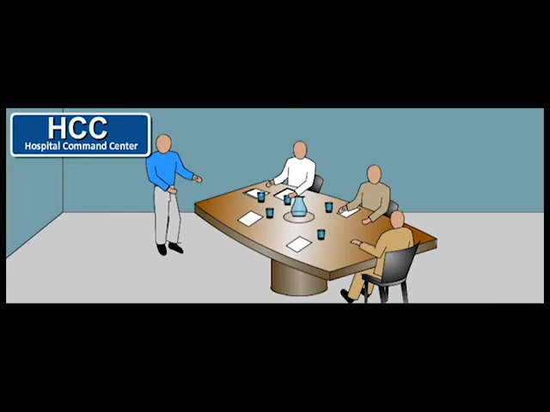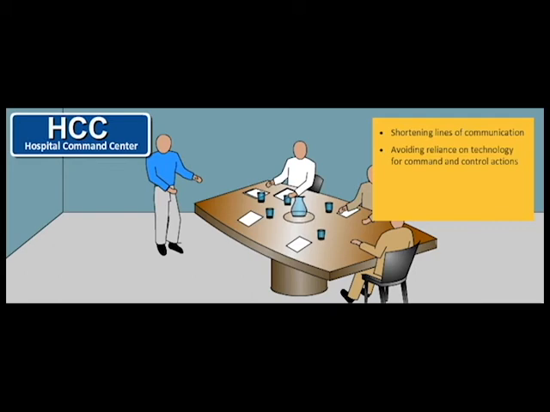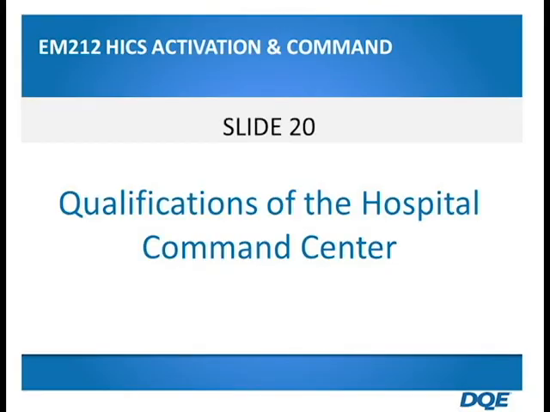The actual HCC provides the distinct advantages of shortening lines of communication, avoiding reliance on technology for command and control actions, improving access to information, and hastening the decision-making process. When activated, an actual HCC should be operational within 15 minutes of the activation decision.